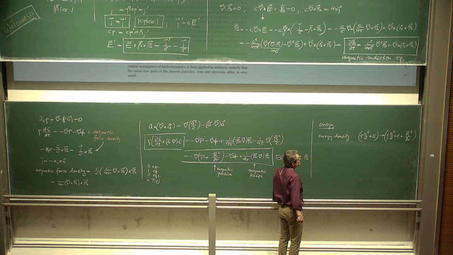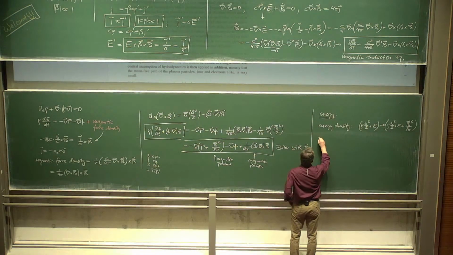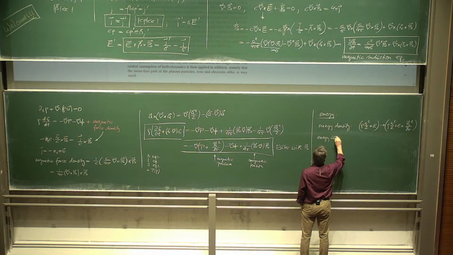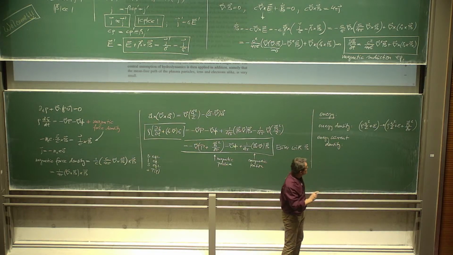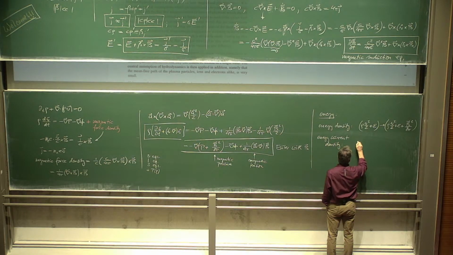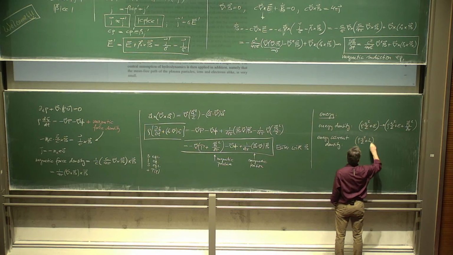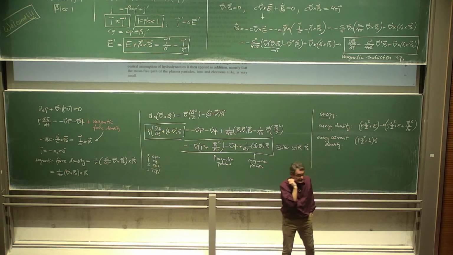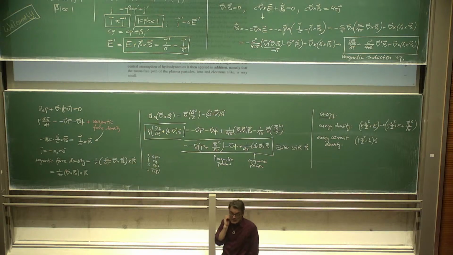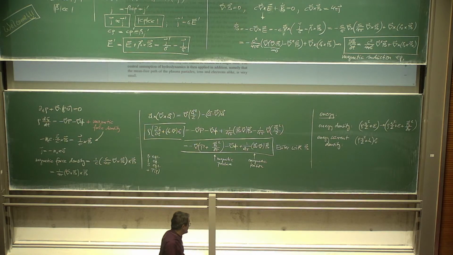Then, of course, we will also have to replace or augment the energy current density. Now, what was that? We had rho times v squared over 2 plus h times v, right? This was the energy current density in absence of the magnetic field.